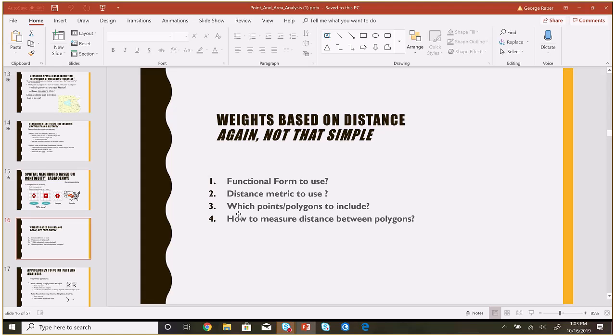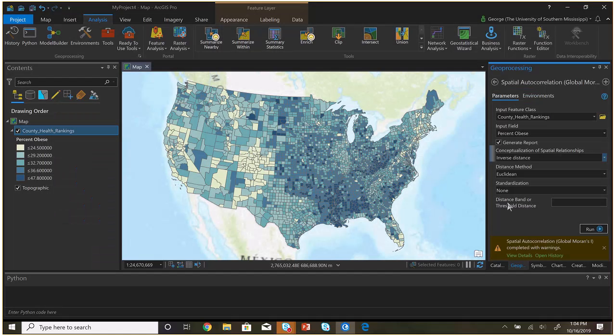So, for example, that's what I said before. If you scroll up to that other one before, where the negative spatial autocorrelation. If you're trying to show negative spatial autocorrelation, it really matters. You do have different ways of actually measuring distance between things. Like, is it edge to edge? ESRI gives you all those.